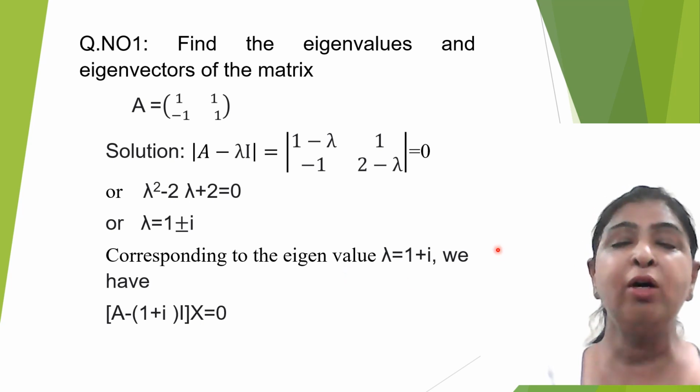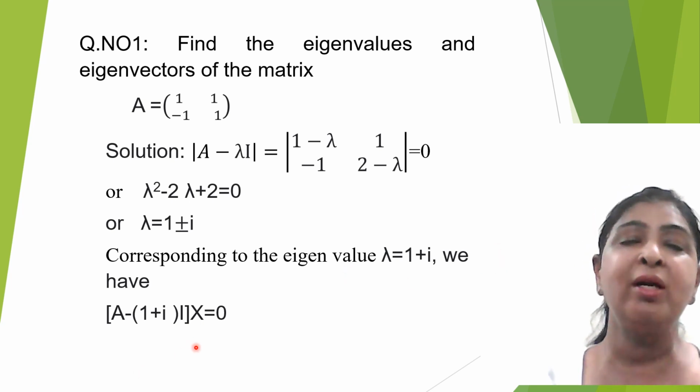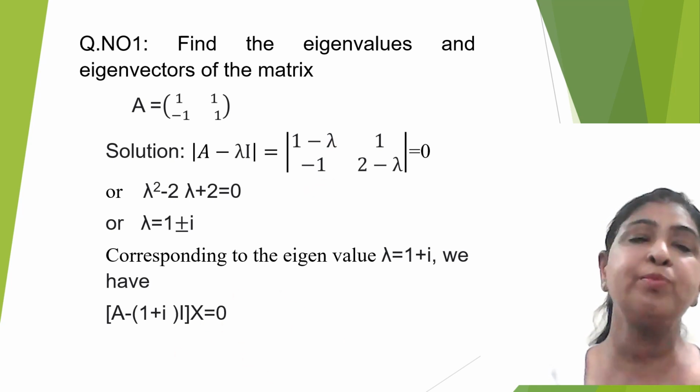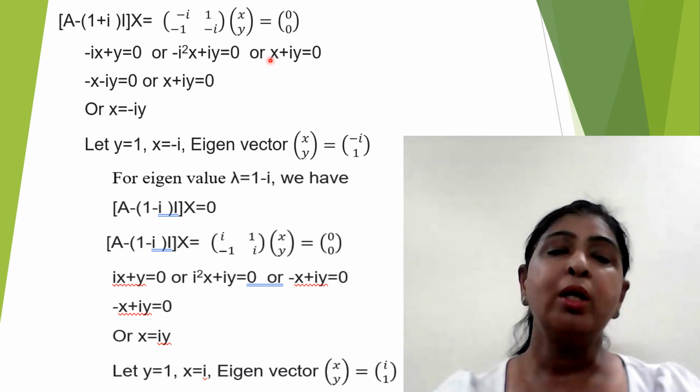So for lambda is equal to 1 plus iota, I will just substitute the value of lambda over here. So I will get this equation. Now substituting the values in A minus (1 plus iota) I x, it will give you this equation. So you are getting minus iota x plus y is equal to 0.